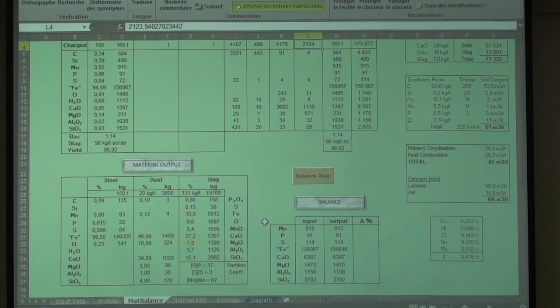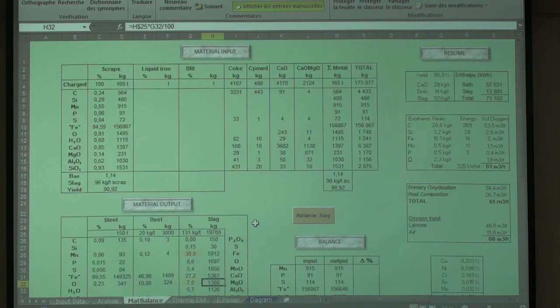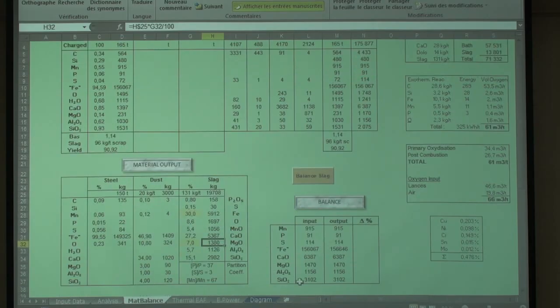In fact, I have calculated the required CaO and MgO, and I adjust these amounts here to have the difference input output at 0.